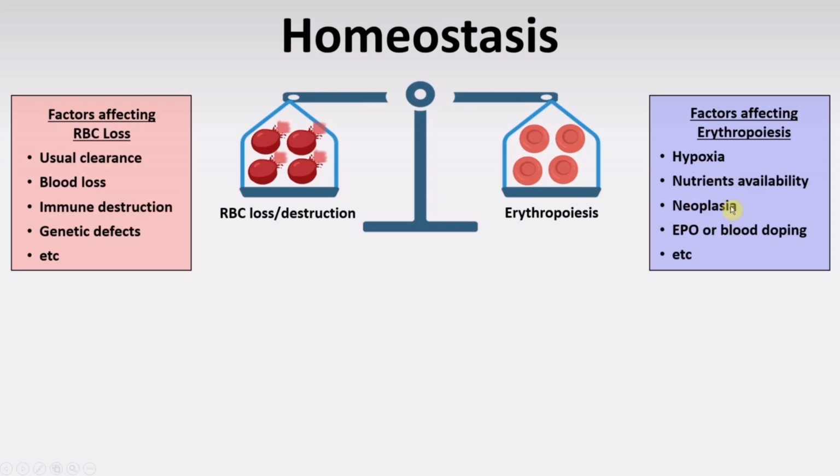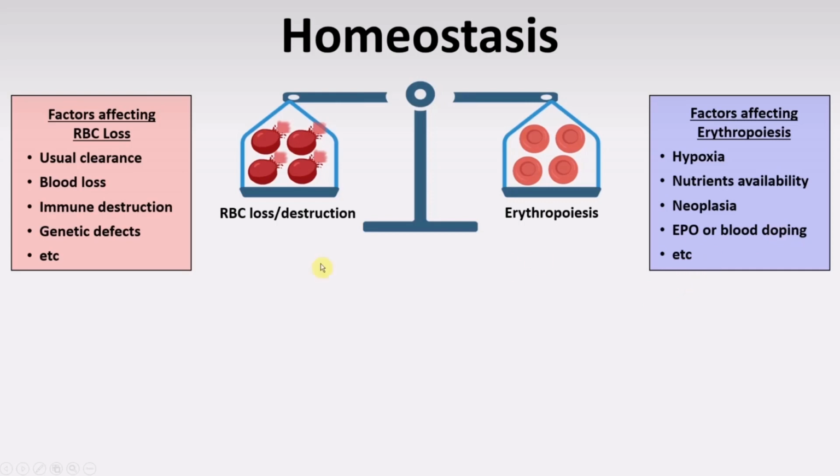There are also circumstances when erythropoiesis goes out of control, for instance, in neoplasia, where cancer formation results in uncontrolled proliferation of red blood cells. Or there are instances of blood doping, or artificial injection of EPO to enhance the production of red blood cells.